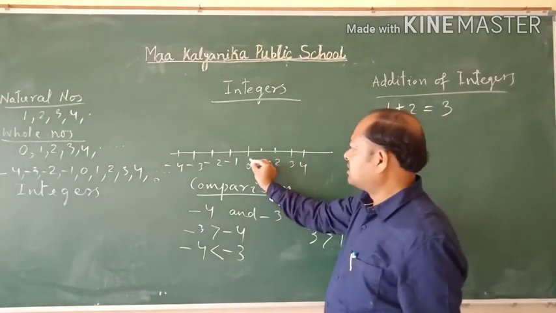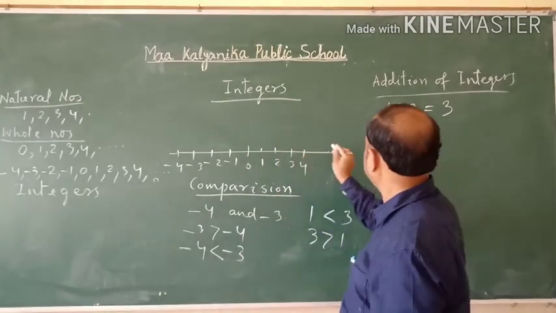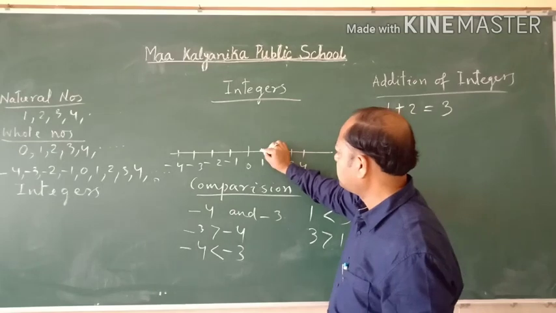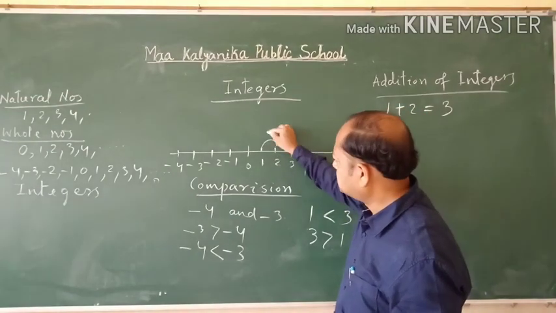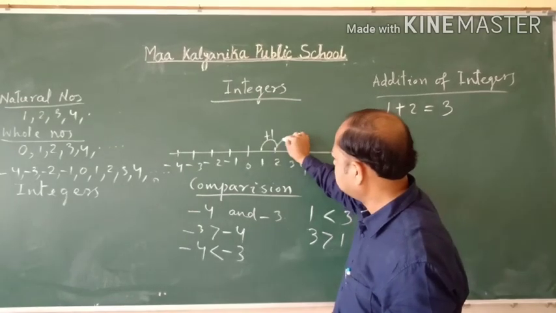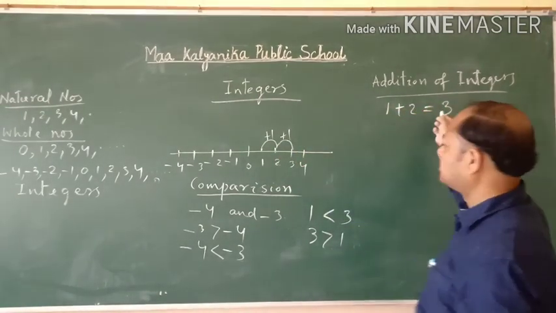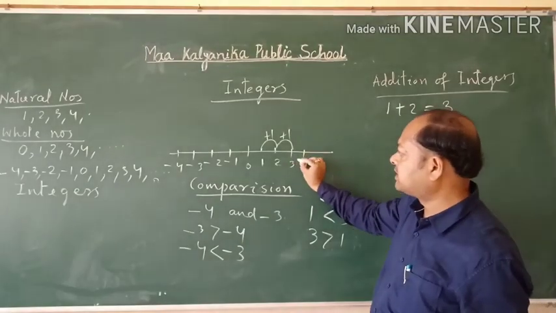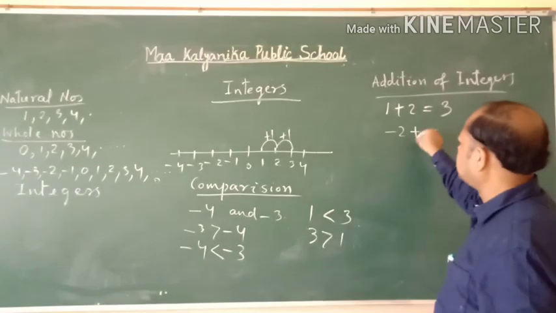You see that here it is 1, and if you add 2 to 1, plus means we go to the right side. So this is plus 1, and again plus 1, 2 steps to the right. So 1 plus 2 will become 3. Another example we will take: minus 2 plus 1.